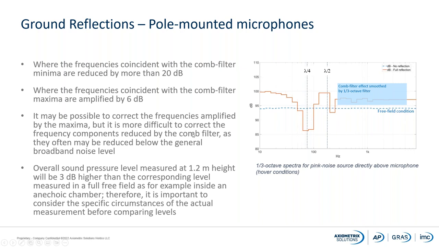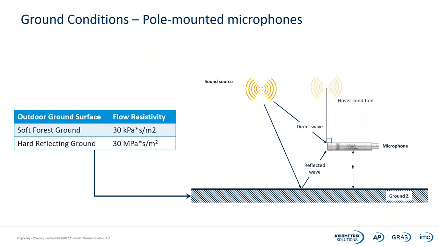Then you might say that this is, of course, just a theoretical calculation, and it is not going to be that bad if we are doing it in the field, because there you have maybe a soft forest ground, or you can have a hard reflecting ground. You don't really know what sort of material the surface is. So we did another simulation using COMSOL.